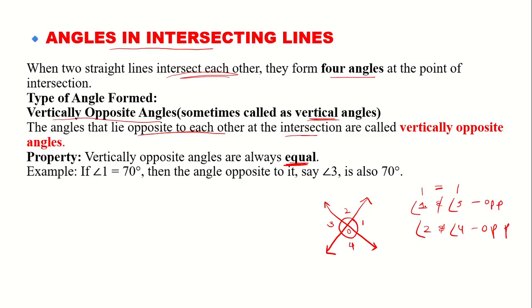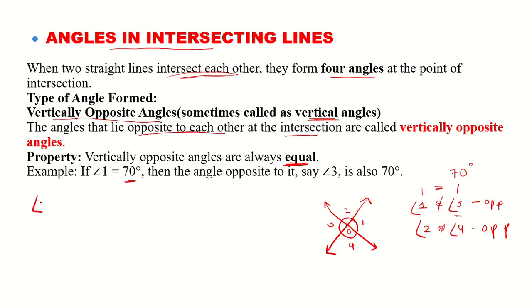If you have angle 1 as, let's say, 70 degrees, then which is the opposite angle to angle 1? It is angle 3, right? So angle 3 will automatically become 70 degrees, right? As it is vertically opposite to angle 1.